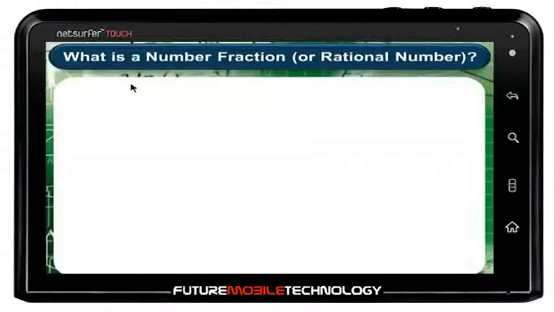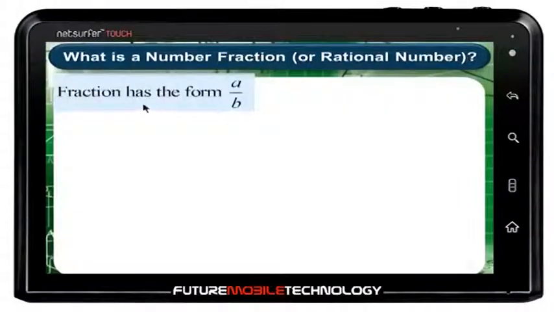Next, we consider the structure of a number fraction, or a rational number as it is known. A number fraction is a fraction which has the form a divided by b, where a and b are integers, and of course b can never be 0.